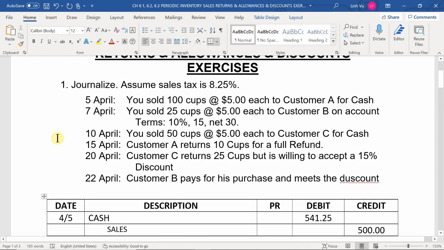Let's see what's next. Here on April 20th, customer C decides to return 25 of those cups, but is willing to accept a 15% discount.